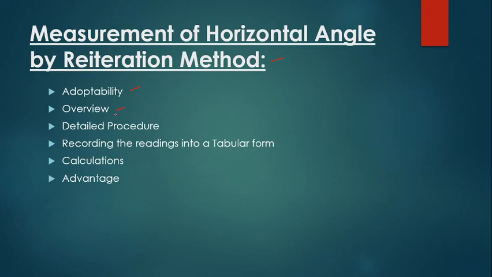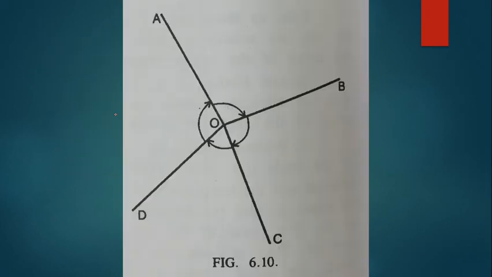Now the detailed procedure, how to record in the tabular form, how to calculate, and what the advantage is, we are going to see in detail. Let us say our instrument is placed at the center, on station O, and you can also write lines A, B, C, D or P, Q, R, S, whatever you like.